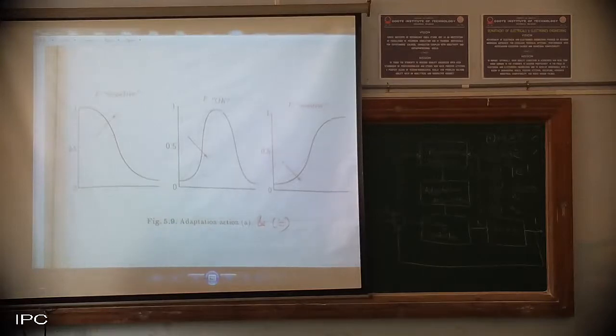If the error is negative, we can see here that this value has been increased for a certain point where the values are negative. We are going to increase the degree of membership. So this was our system and we have increased the value.